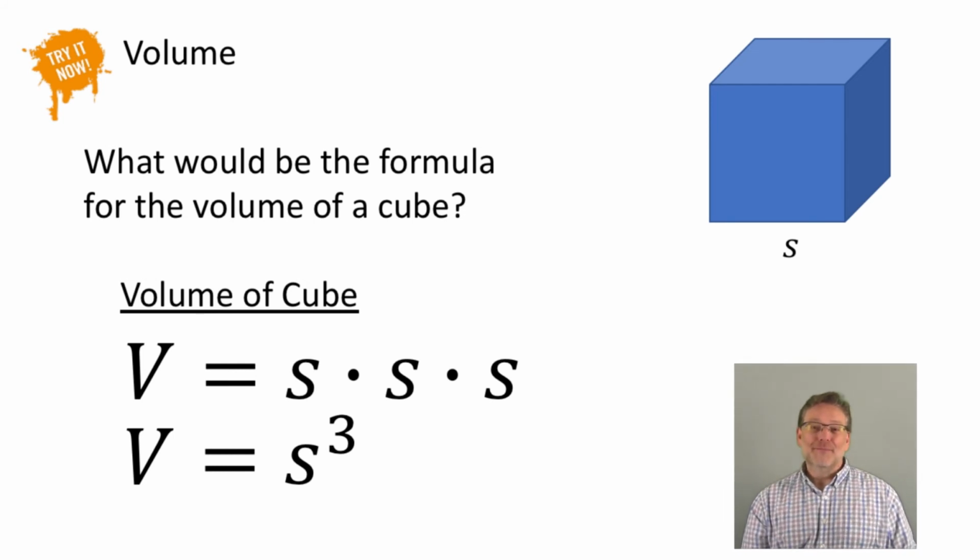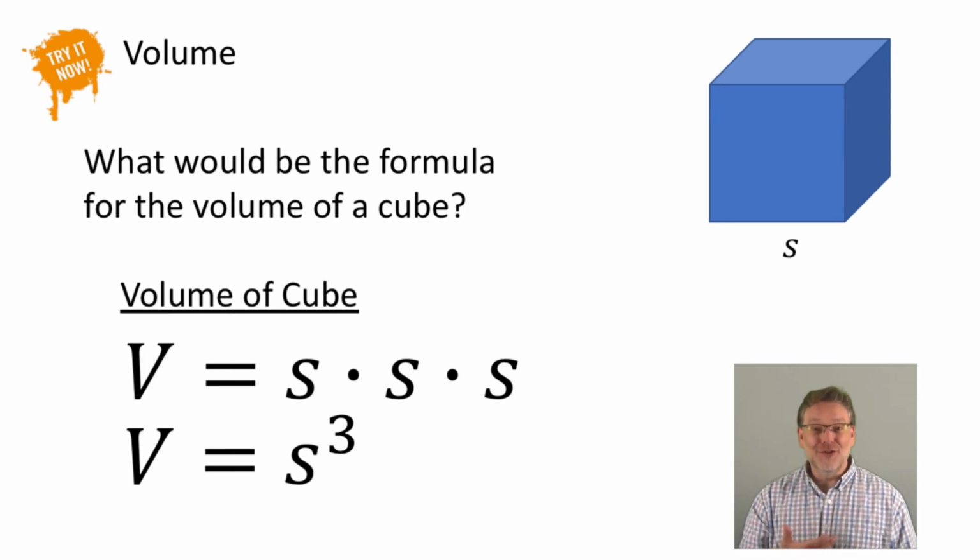Welcome back. We briefly introduced the concept of exponents near the beginning of our lecture today, but we're seeing it show up here again. As we see the volume of a cube, s times s times s can be summarized all the more elegantly as simply s to the third power, s cubed, as we say.